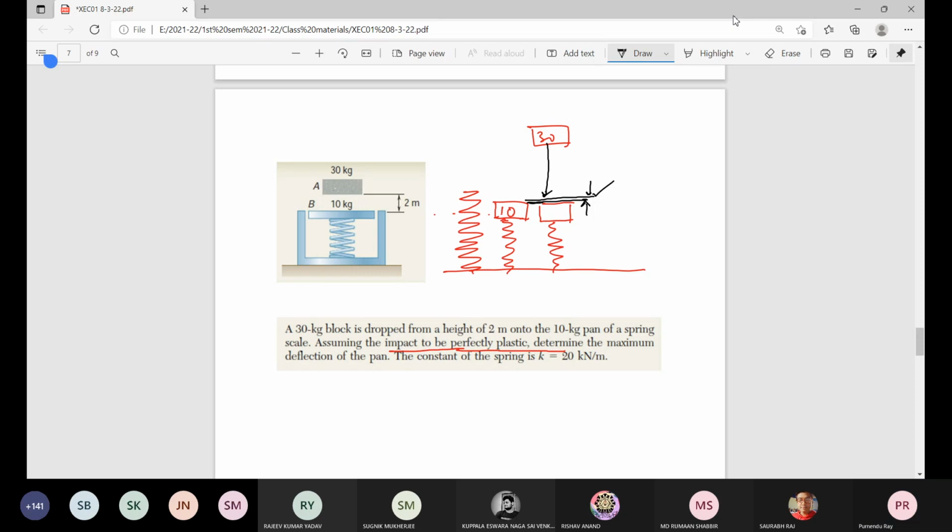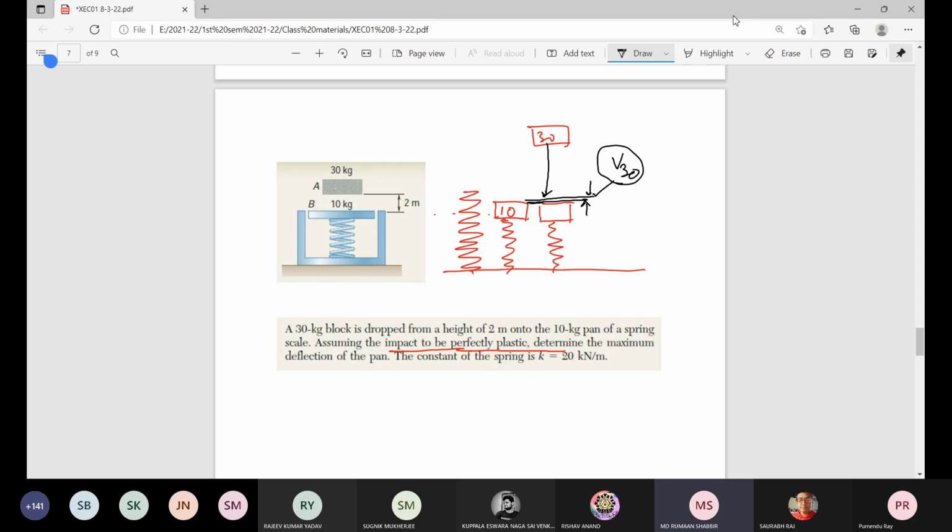kg mass, then simply from conservation of energy, as it is traveling through an obstructionless medium, suppose air is not providing any resistance due to friction or whatever may be the other thing, we can find out the velocity of this 30 kg mass just before impact here.